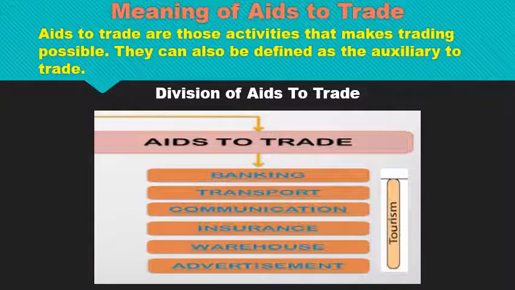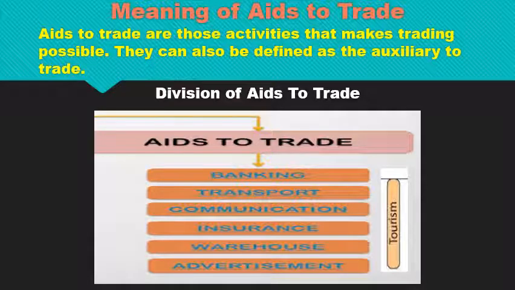Like I rightly said, we want to look at what we mean by aids to trade. Aids to trade can simply be said as those activities that make trading possible.